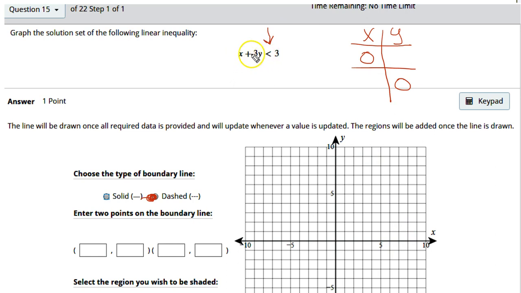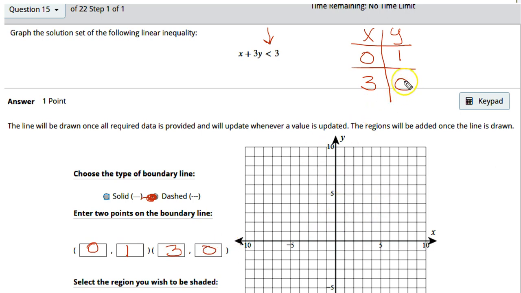And this one looks like a good, sort of standard form. So an x and y intercept t-chart would be a good one. So if x were 0, y, we're going to divide both sides by 3, is 1. And if y here is 0, x is 3. So our points are 0, 1, 3, 0.